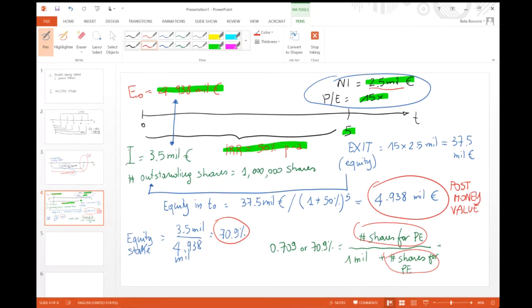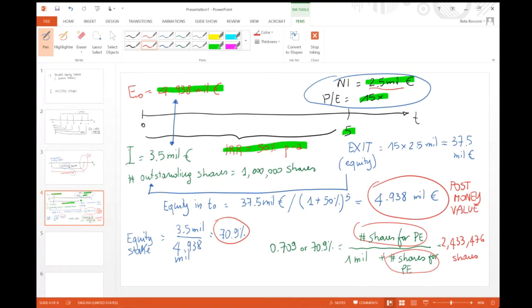Resolving the equation for the number of shares for the private equity, you will see that the number of shares that is purchased by the private equity investor is much larger than 709,000, but it is, roundings apart, 2,433,476 shares.